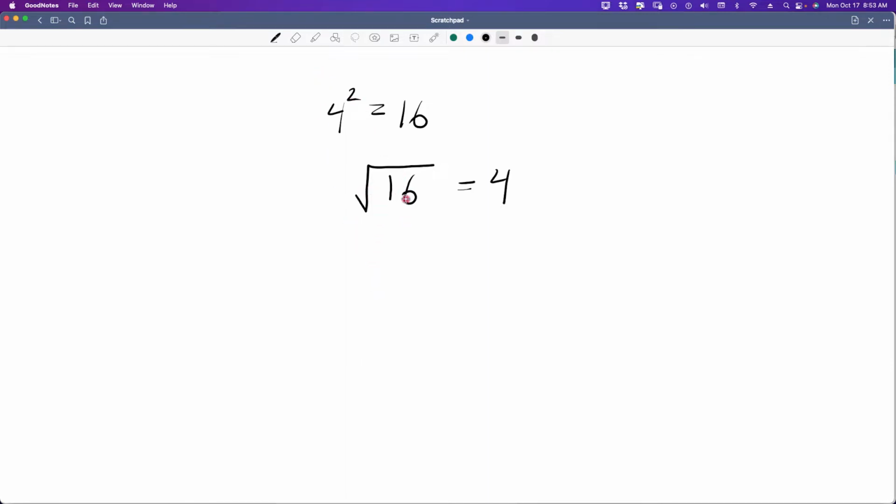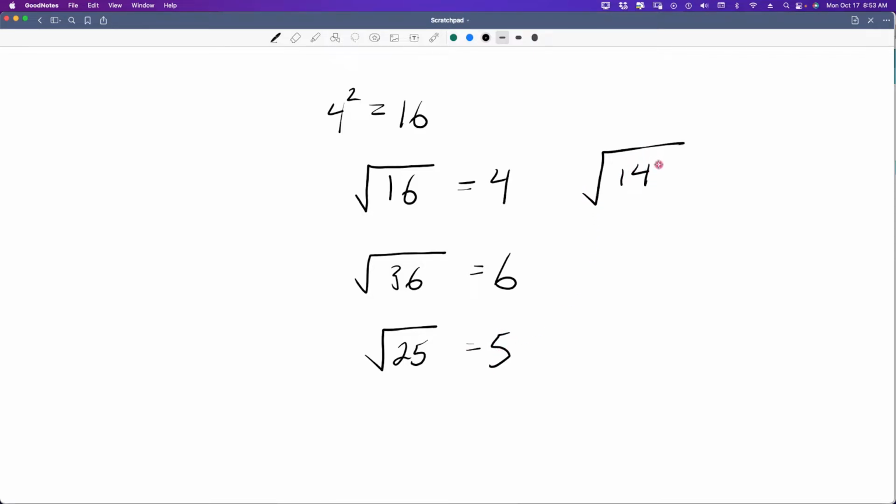So the square root of 16 would be 4. The square root of 36 would be 6. The square root of 25 would be 5. The square root of 144 would be 12. You see where I'm going with this?